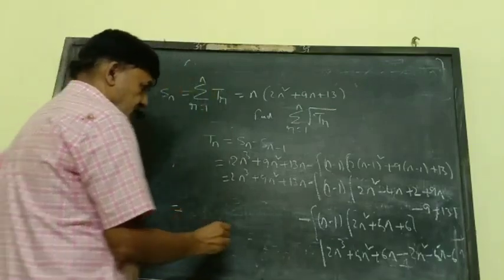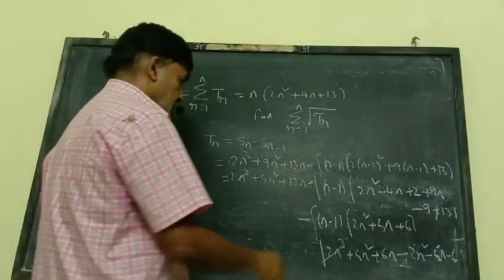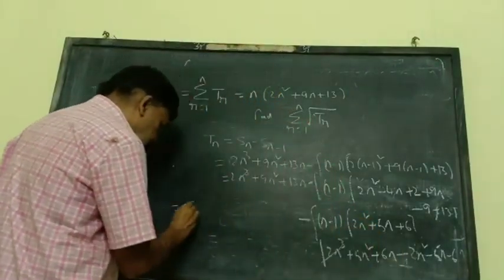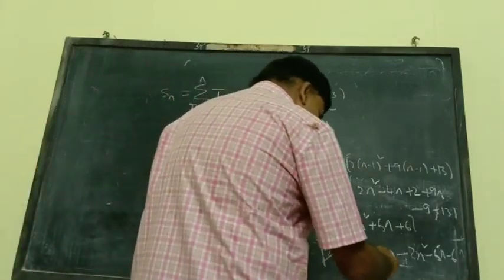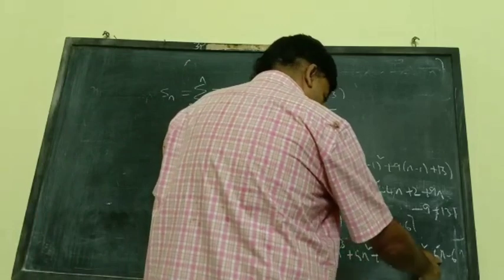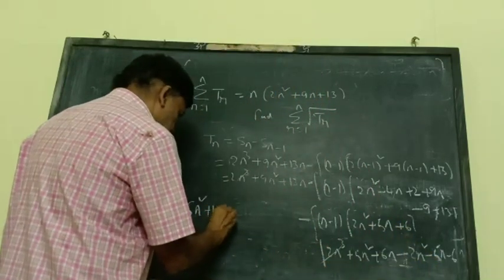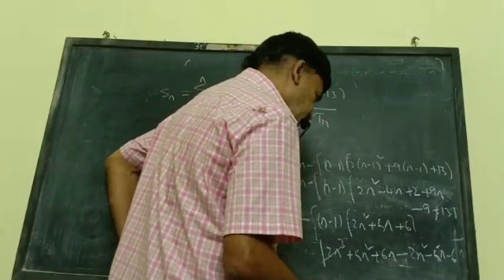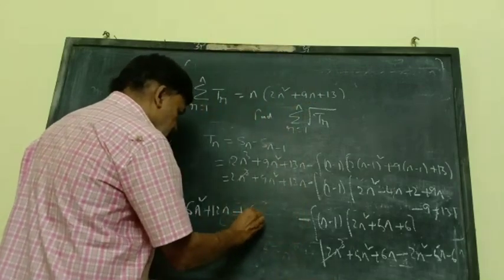So when you simplify, 2n cube, 5 minus 2 and 3, 9 minus 6 and 6n square. Then for n's, 6n minus 1 and n plus 12n. Next constant. Constant will be plus 6, right?